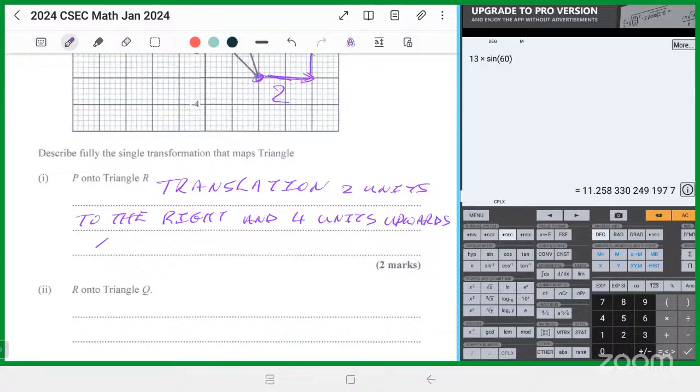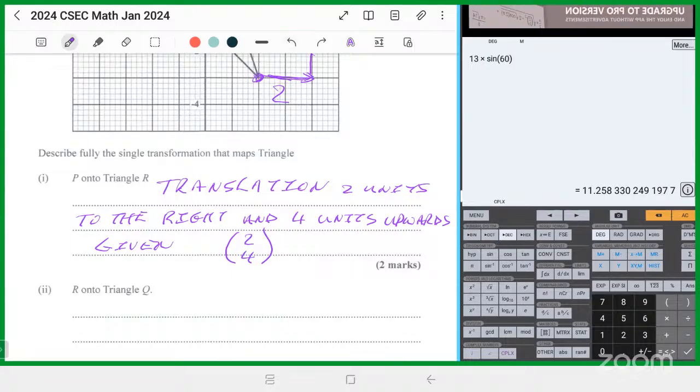I could also say given by the matrix 2, 4. So we use this as well.